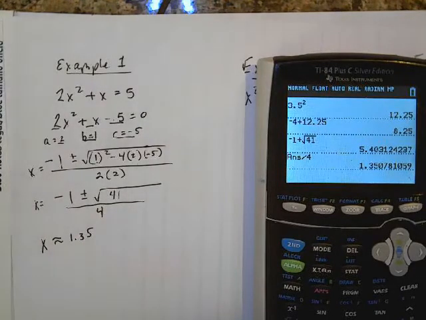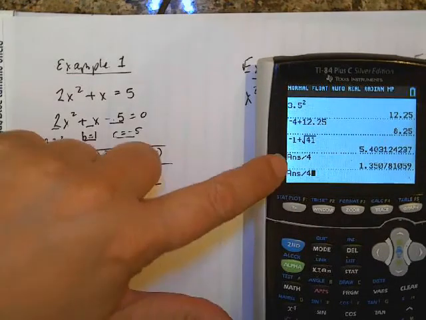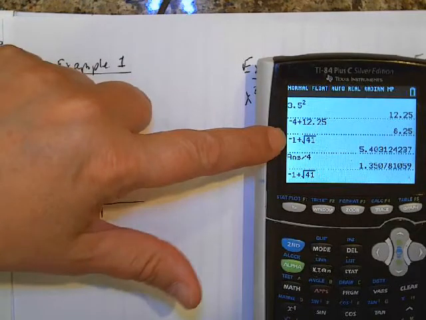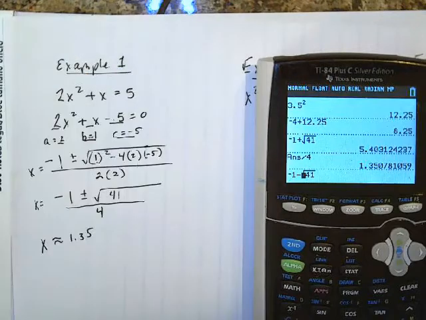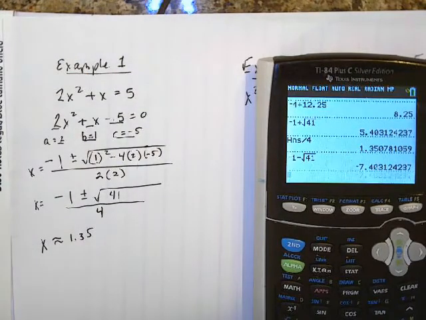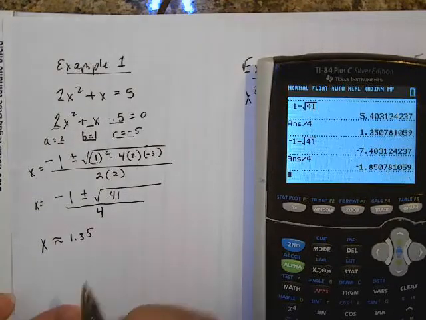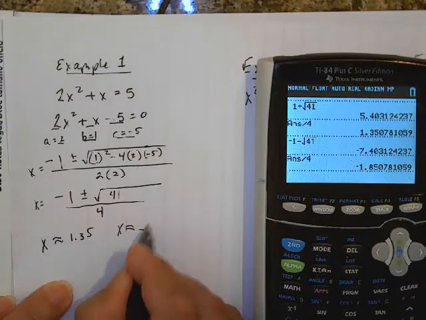And then if you have a graphing calculator, you can hit second enter, and it goes back to the previous problem. I'm going to hit second enter again, so I don't have to type it in again. And I'm going to put minus there. And then I'm going to hit equals, divide by 4. So the other number is approximately negative 1.85.